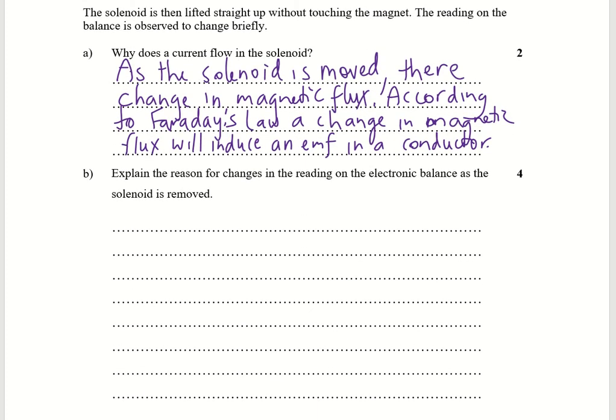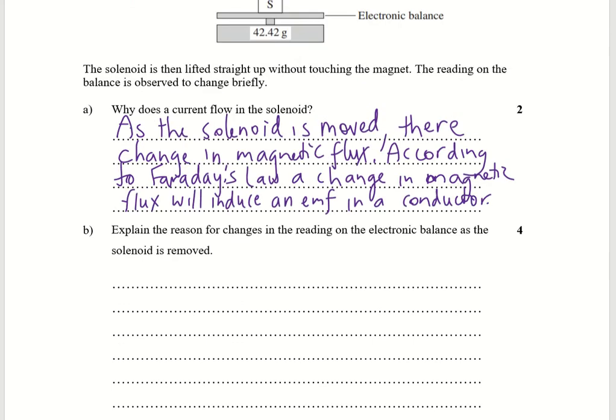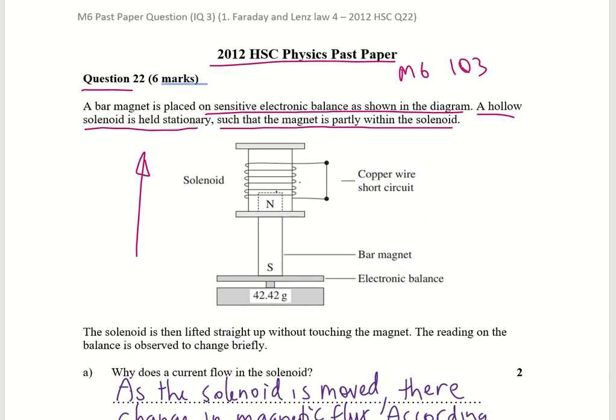Question B. Explain the reason for changes in the reading on the electronic balance as the solenoid is removed. Let's have a look. So we have a north pole, and the magnetic field always goes from north to south, okay? Which means if they're drawn like that, it's coming out like this.